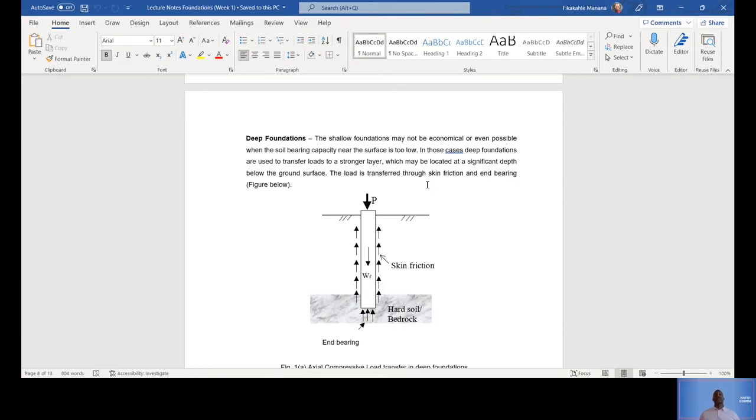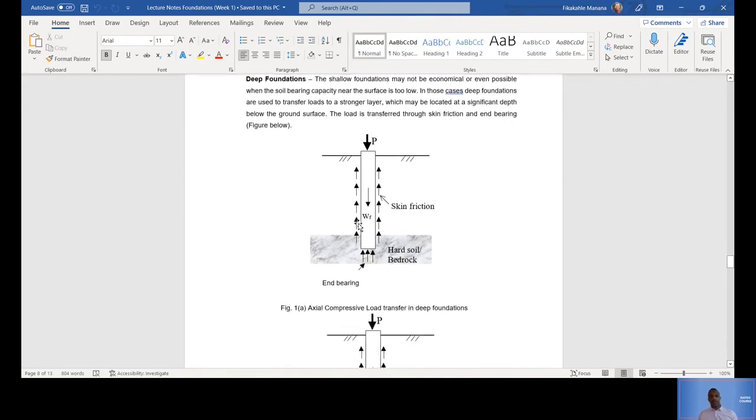We can introduce piles to make sure that that soil can eventually be able to carry the building. To bring more stability, we bring in the piles or the deep foundations. Now shallow foundations won't work.